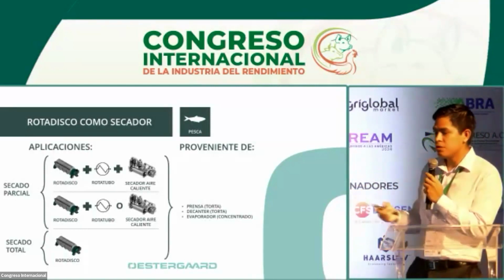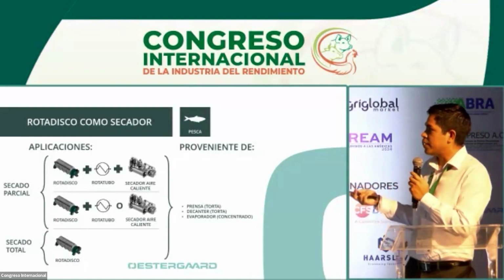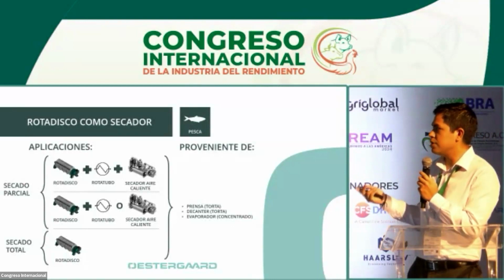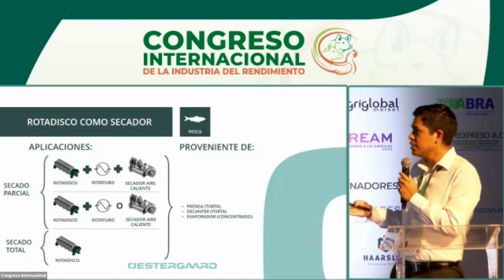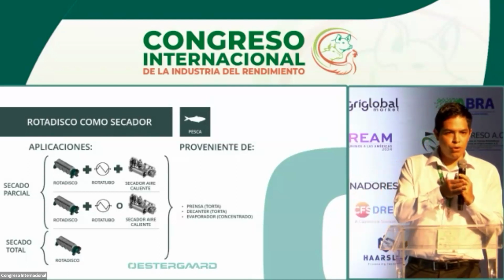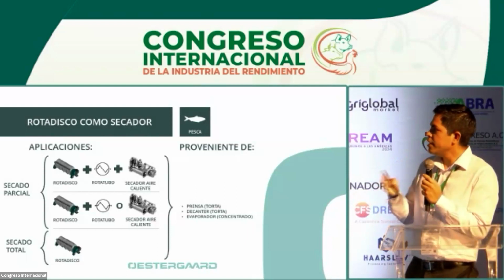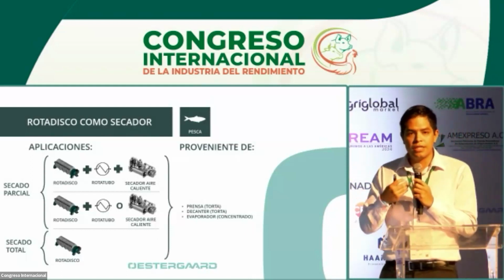Very large plants will have 3 drying phases, which would be rotational disc, rotational tube, and hot air dryer. Mid-sized plants could have only 2, which would be rotational disc, and the second phase could be a rotational tube or hot air dryer. That means the rotational disc would do a previous part of drying, we're talking about 55 to 45% humidity, and the rest would be done by the other equipment.